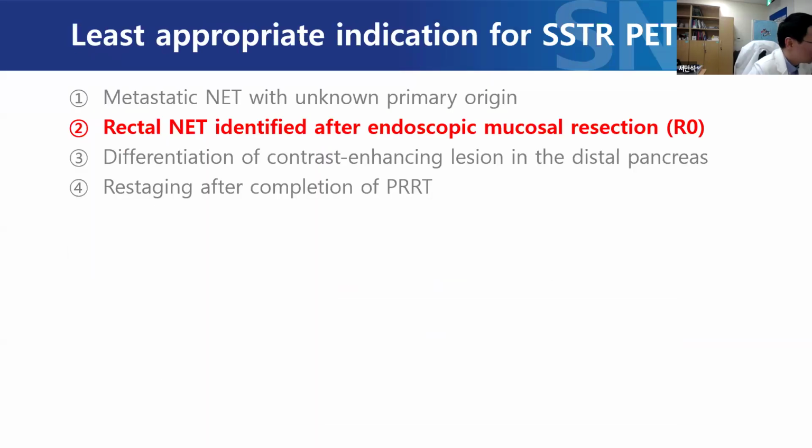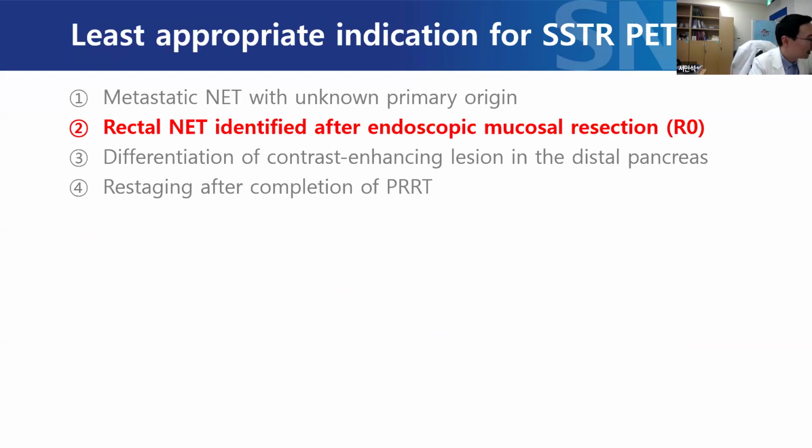So, here, we have seen that it could be used for the diagnosis of metastatic neuroendocrine tumor with unknown primary origin. In such cases, we can find primary lesions in near 40% of such patients.